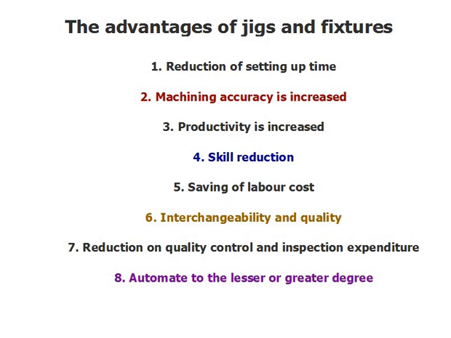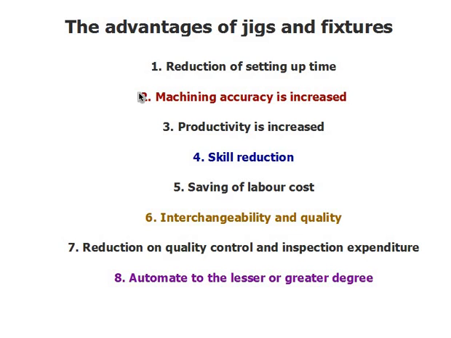Now let us discuss what are the advantages of using jigs and fixtures. The first important advantage is reduction of setting up time. Individual marking or positioning of the workpieces before machining on the machine table is completely eliminated.